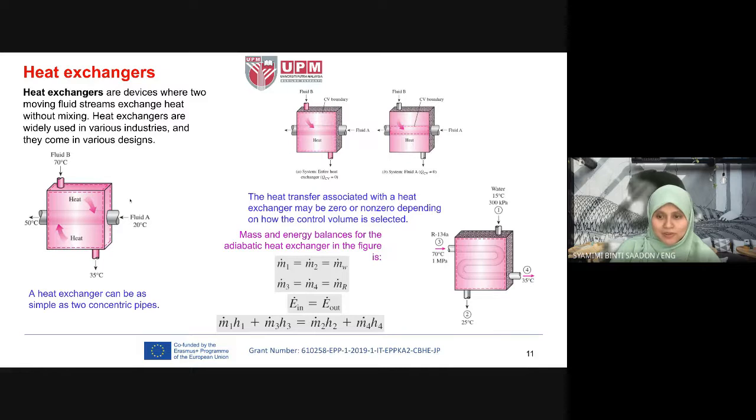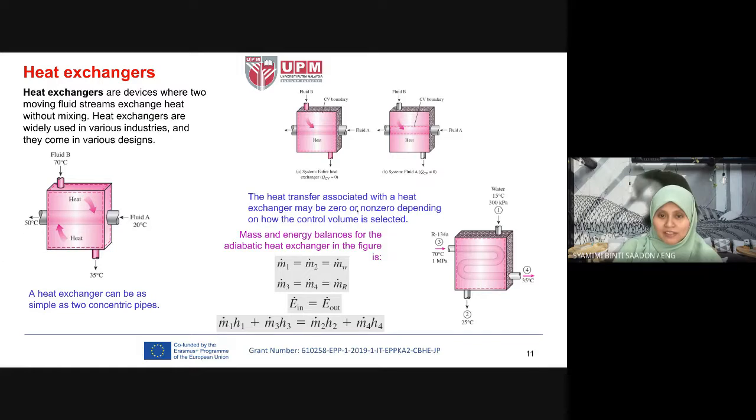So it depends on the control volume, the system that we choose. Like kat sini, it's mentioned here, maybe zero or non-zero.